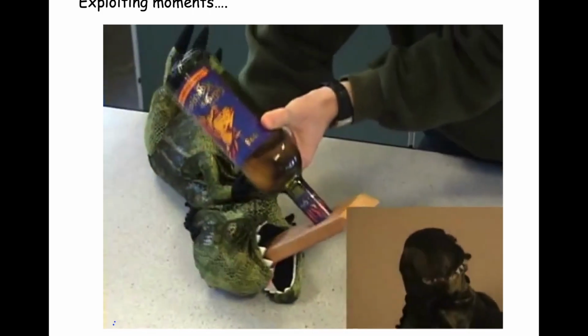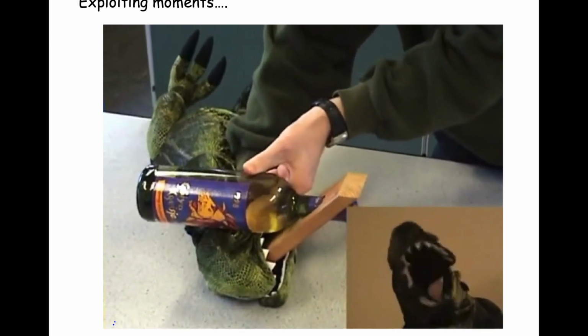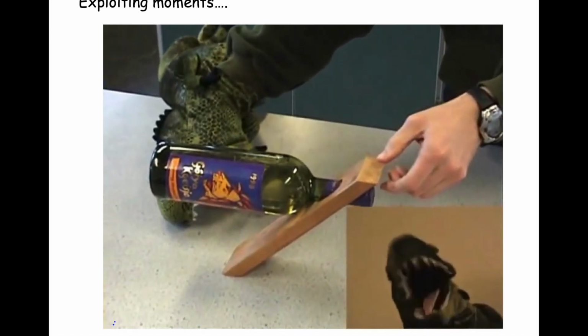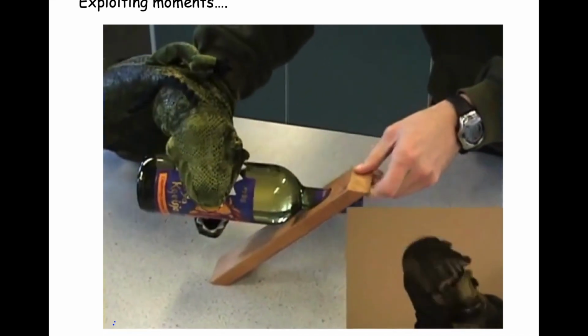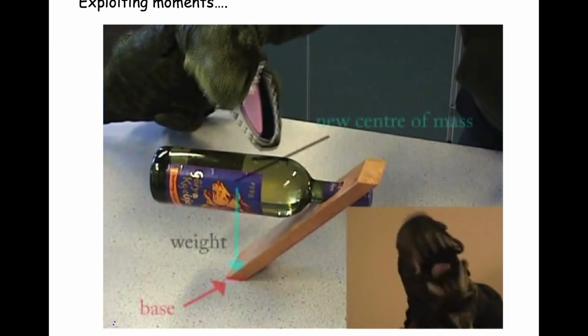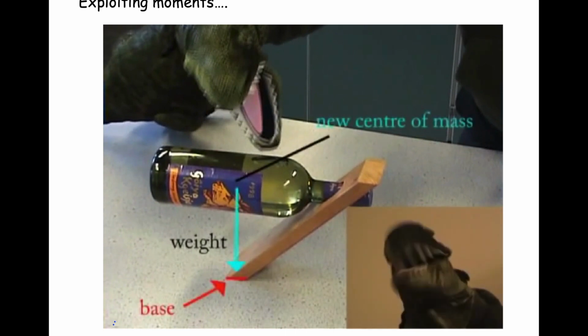Now, when the bottle of wine is placed in the hole, the centre of mass of the object changes. So now it's above the base. So it's stable and it doesn't fall over.